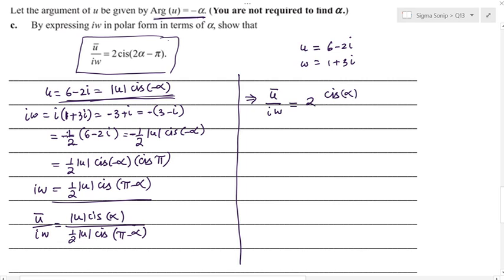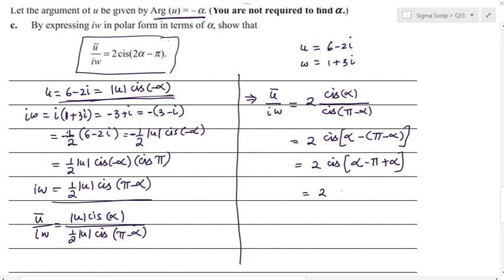Cis alpha divided by cis pi minus alpha, which basically becomes cis alpha minus pi minus alpha. Sorry, it hasn't come out really clean. That gives you cis alpha minus pi plus alpha, which is equal to 2 cis 2 alpha minus pi, and that's what you require to find.